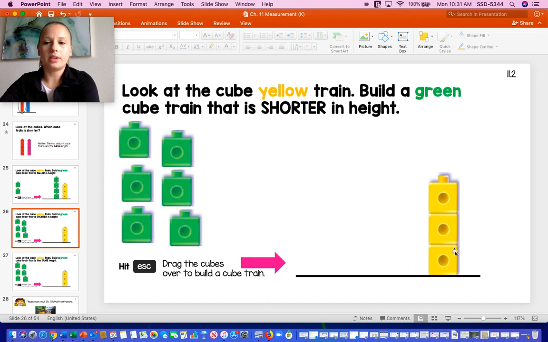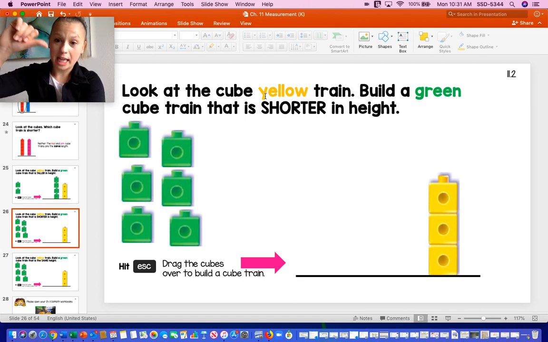Look at the yellow cube train. Let's build a green cube train that's shorter or smaller in length. First, we need to see how many yellow there are. 1, 2, 3. And now we're building one that's shorter. So it needs to be less than 3.